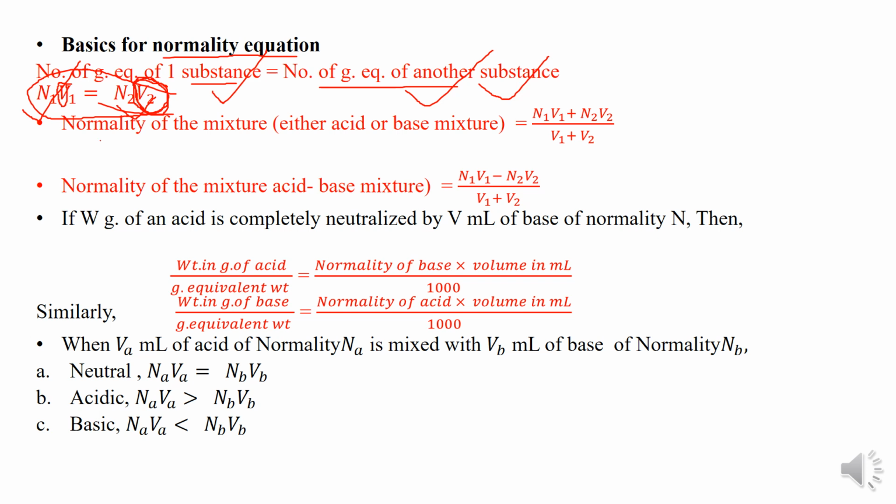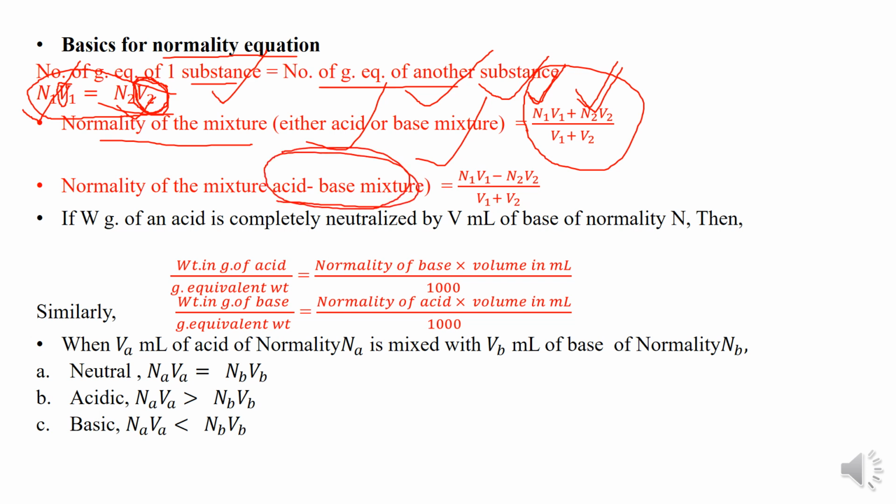The normality of a mixture, either an acid mixture or a base mixture, is calculated by this formula: N1V1 plus N2V2 divided by V1 plus V2. N1 is the normality of one type of acid and N2 is the normality of another type of acid. In case of bases, N1 is the normality of one base and N2 is the normality of another base. In case of an acid-base mixture, N1 is the normality of either acid or base and N2 is the normality of the other.